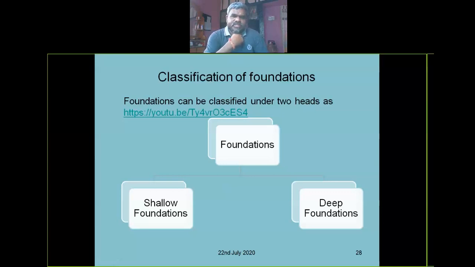Shallow foundation means the lateral dimension is more compared to the depth. And a deep foundation means the lateral dimension is less, but the depth is more. Right.